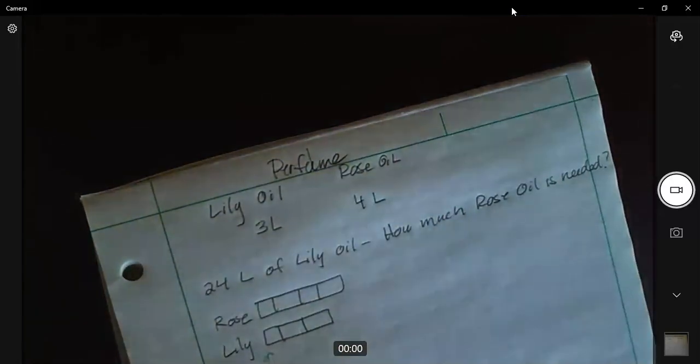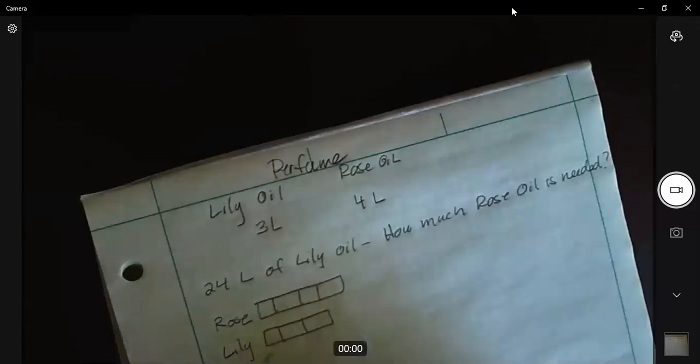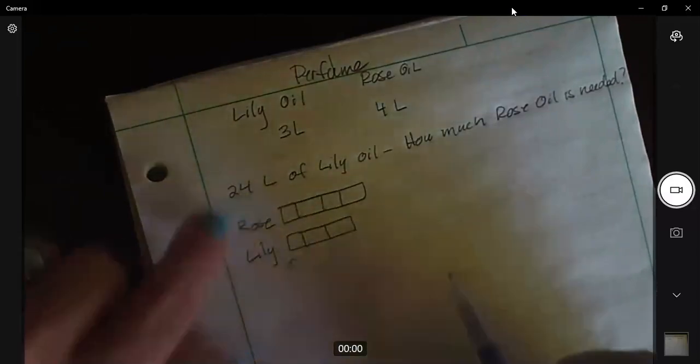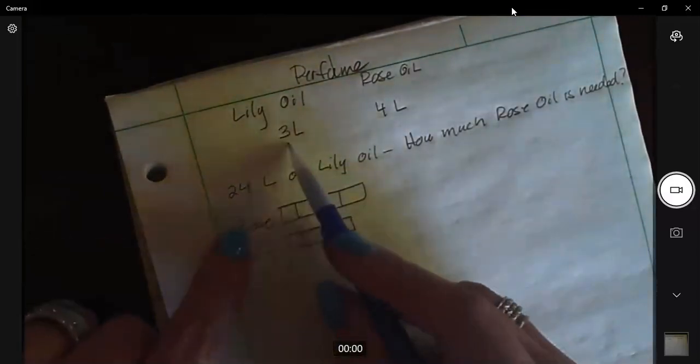Okay. Well, I want to know if I have 24 liters of lily oil, how much rose oil is that going to take? So think about what we just talked about. You could even do it on a double number line as well, but I just wanted to use this strip diagram. So 24 liters, well, 1 part is 3.